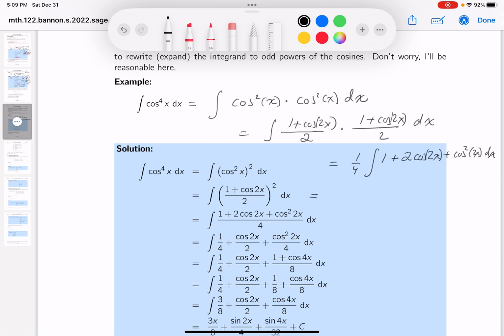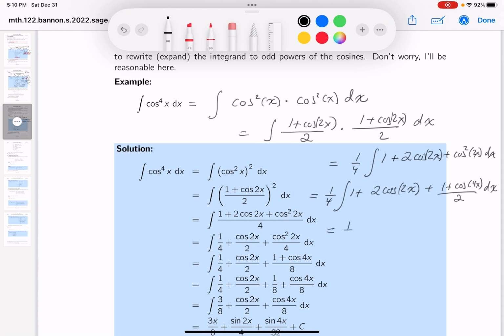Well, you know what? I'm in trouble again. I have another square. I'm going to reduce that one. So 1/4, 1 plus 2 cosine 2x, and I'm going to write that square again. And how do you do that? Same thing I did before. So it's going to be 1 plus cosine 4x over 2 dx. Wow, I guess I got to simplify that now, don't I? I'm going to pull the 2 out on the bottom.